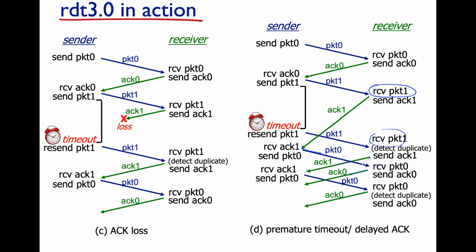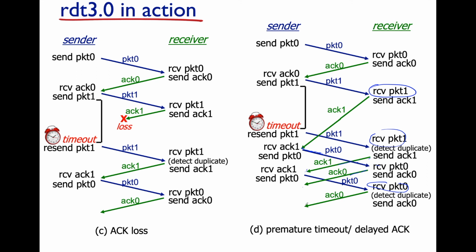And so then, eventually, as packet 0 is resent, the duplicate send of the packet on the sender side, this ACK0 finally gets back. And now, once this ACK0 gets back, the sender knows that packet 0 was successfully received. And so on the receiver side, this duplicate packet 0 was not delivered, but it sends another ACK0.